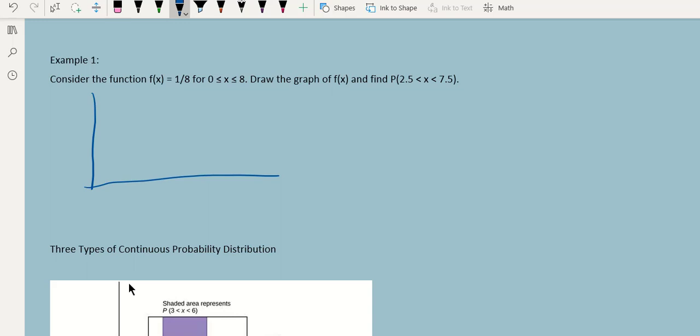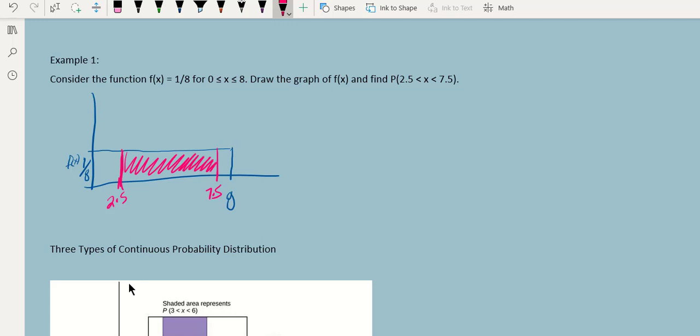It's going to go from 0 to 8, and that is going to be my original box. Then our f of x, which is always our y, is going to equal 1 over 8. Now, it specifically says that we want to find this probability between 2.5 and 7.5. So I can roughly say that this is going to be 2.5 and this is roughly going to be 7.5, and I want to find the area in between these two spaces.